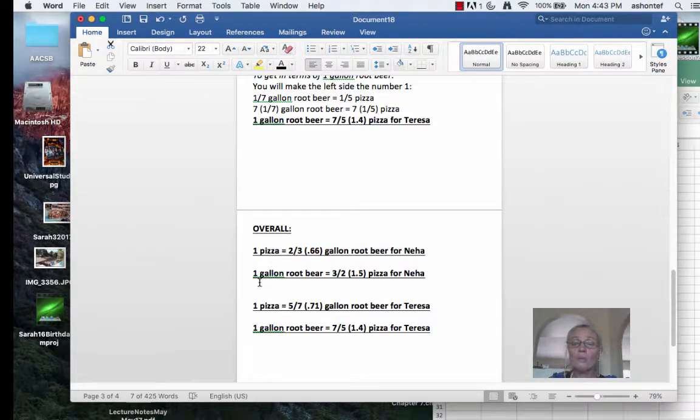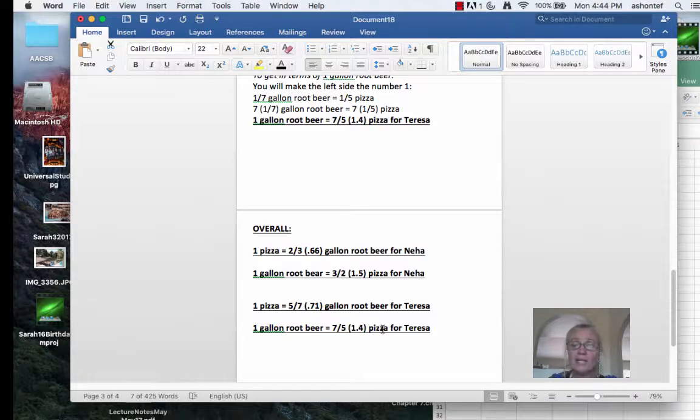However, when we started out, it looked like Naya was able to do everything more efficiently. But if we look at the incremental, we find that for a gallon of root beer, it takes Naya 1.5 pizzas. That's what she has to give up, while Teresa is giving up 1.4 pizza. She doesn't have to give up as much pizza for every gallon of root beer that she's making.